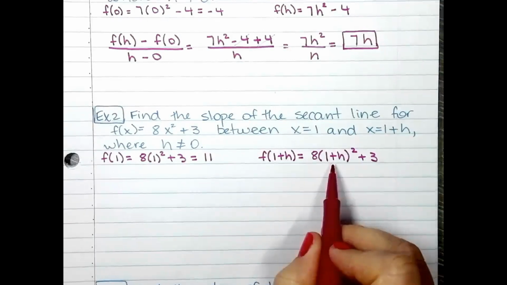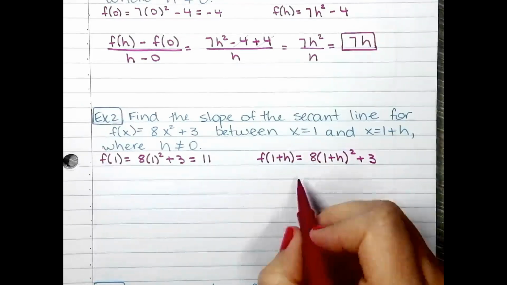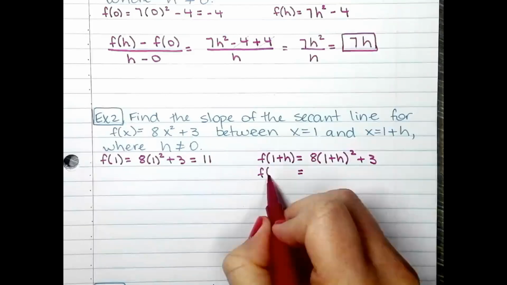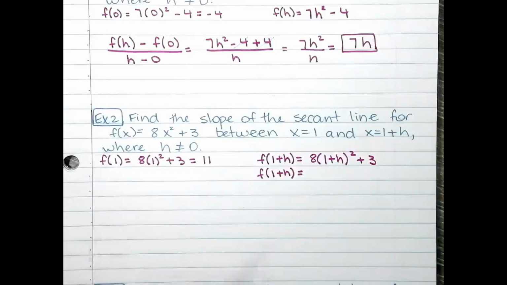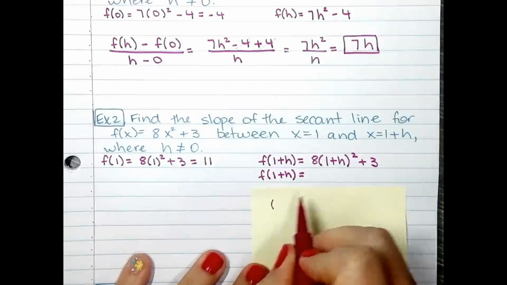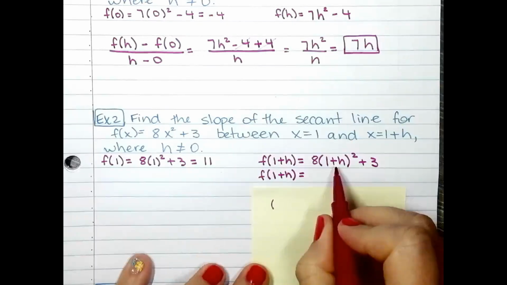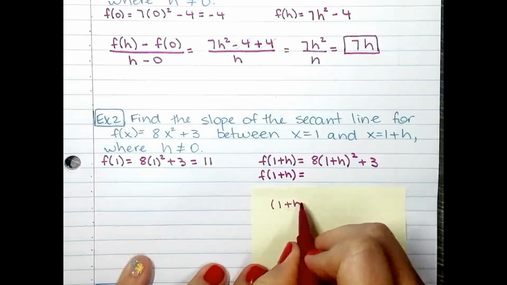Now when I expand this binomial right here, you can either do FOIL, do the box, or do the binomial expansion. Whichever you would like. I know some of you really want to see the FOIL, so I'm going to go ahead and do FOIL right here off to the side. This means 1 plus h squared. That means it repeats itself twice.